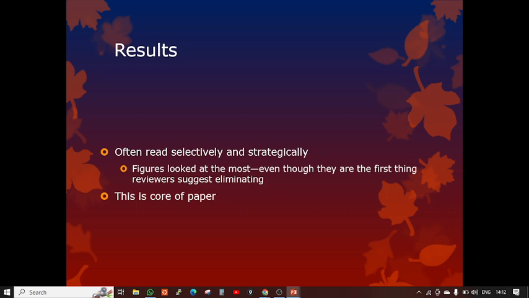If the results are not represented properly, or have some ambiguity or errors, then the whole research goes void. So be clear, concise and focused in your results section.